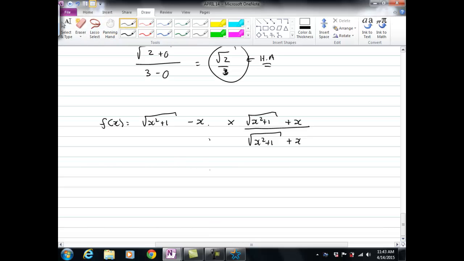If you multiply this out, you should have f of x now equals x squared plus 1 minus x squared, all over the square root of x squared plus 1 plus x.